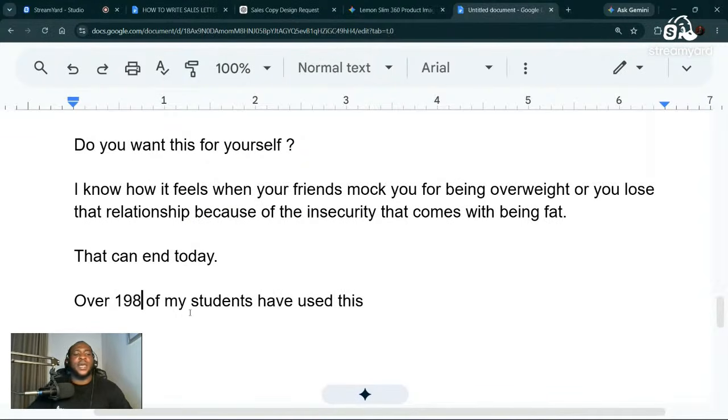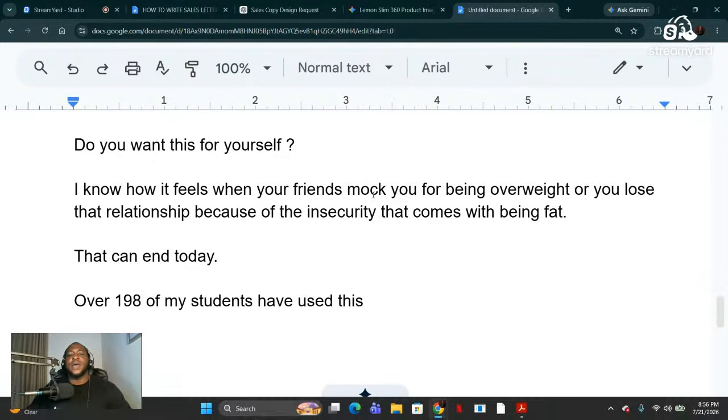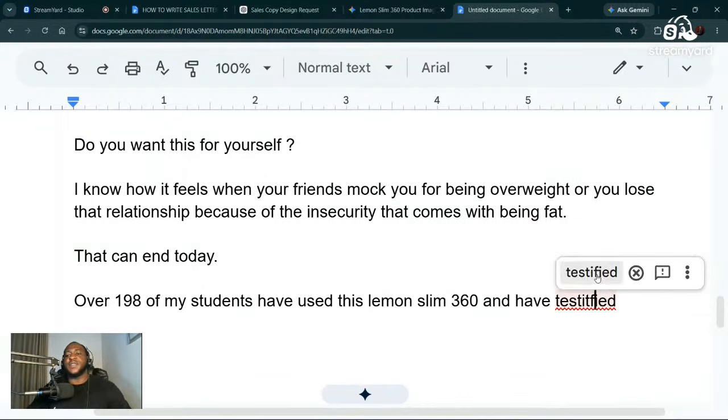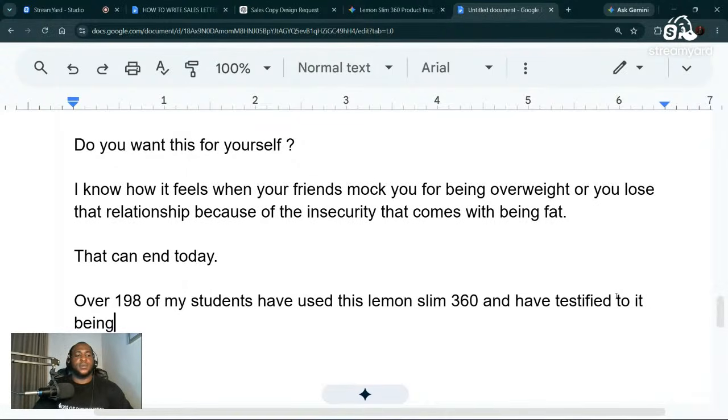Over 180 of my students have used this Lemon Slim 360 and have attested and testified to it being one of their secrets to losing weight.